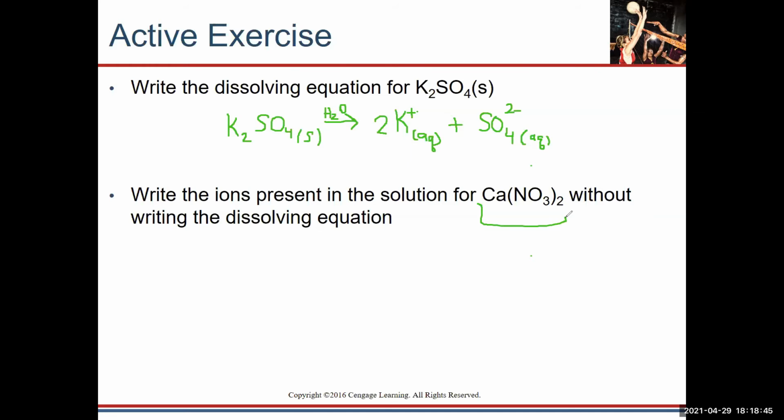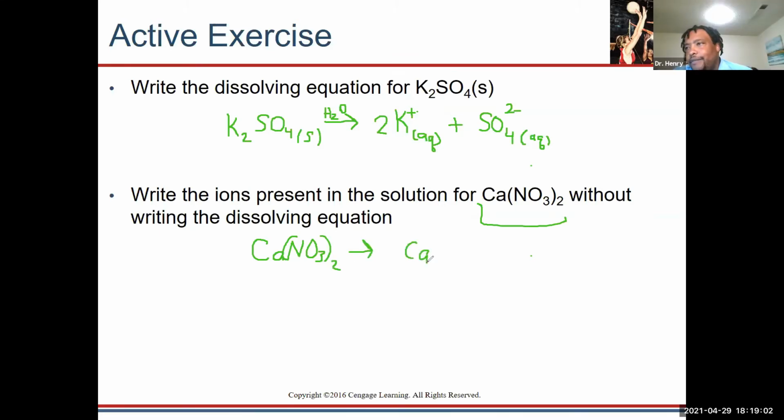So Ca breaks up with NO3. Bad relationship. It was toxic. So they break up. That's right. So we have Ca, charge of 2, that's a 2 charge.